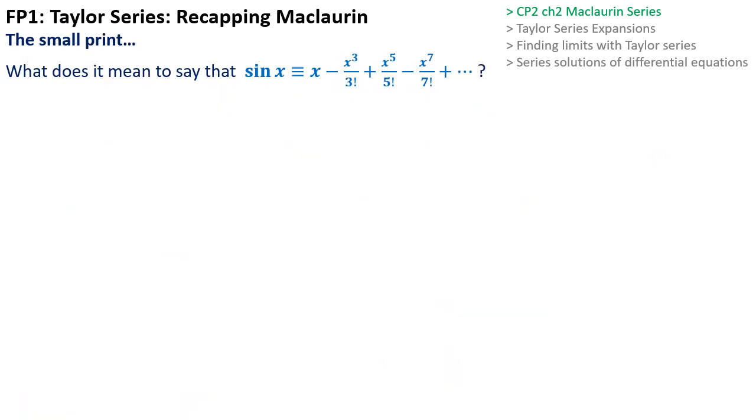Now, there's a little bit of a proviso, an asterisk on this infinite series, because if we're going to say something like sin x is equal to some infinite polynomial, well, that doesn't make a whole lot of sense for certain values. For instance, if we have x equals 15, then x cubed over 3 factorial might be quite a lot larger than just x.